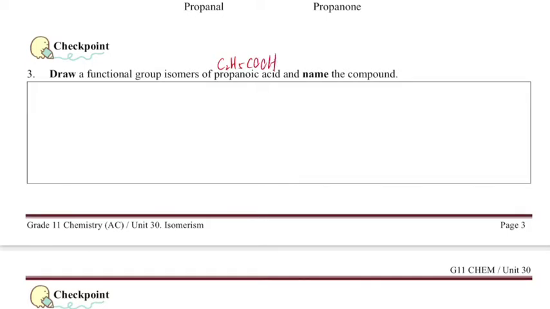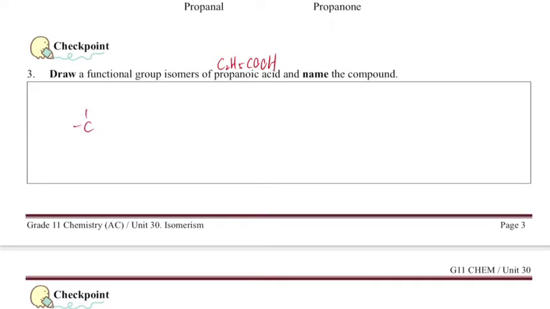Okay, so now how can we rearrange those atoms and put them in a different way so that it has a different functional group? So the only type of molecule that we have learned with 2 oxygens in it from last unit is an ester. So let's try to draw the possible ester.